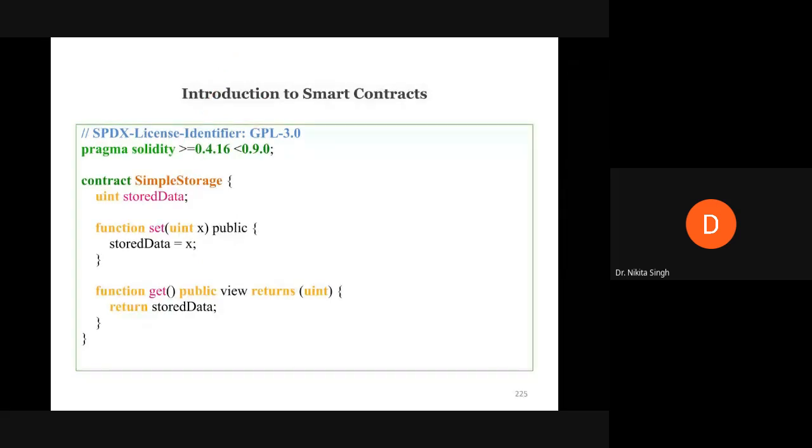And you are declaring a state variable stored data of type uint, and this contract defines the functions set and get that can be used to modify or retrieve the value of a variable.